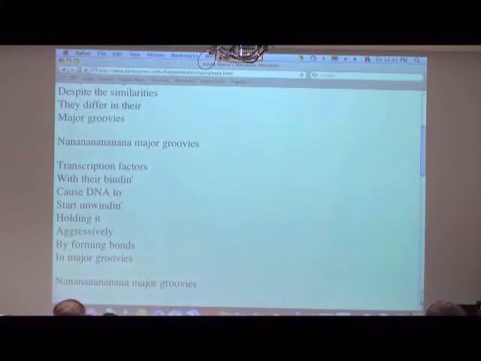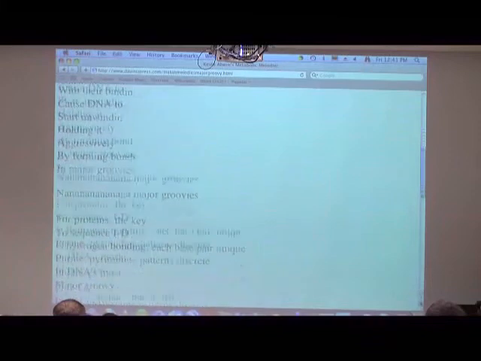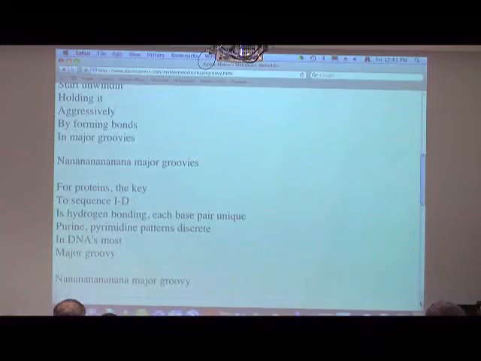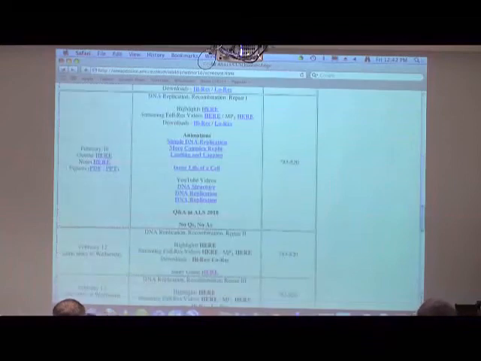Major groovies. For proteins, the key to sequence ID is hydrogen bonding, each base pair unique. Purine, pyrimidine, patterns discrete, and DNA's most major groovy. That's it. Major groovy.